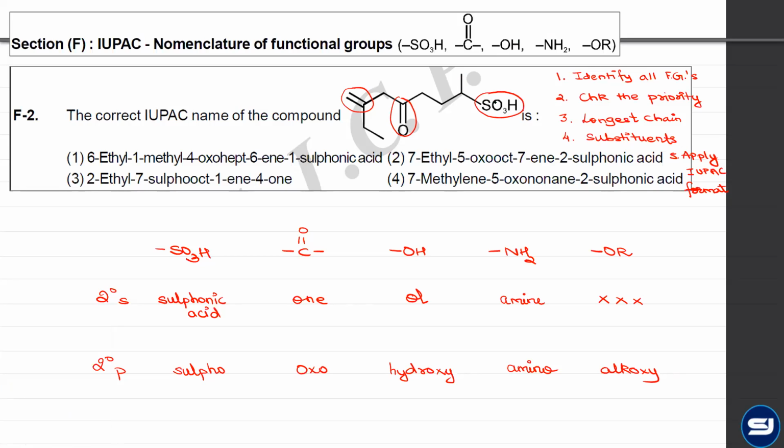अब बहुत बार क्या होता है, फंक्शनल ग्रुप यहाँ लगा हुआ है, तो many of you will start the numbering from this carbon, which is wrong. कंटिन्यूस का मतलब क्या, ये देखो ये कार्बन कंटिन्यूस में आ रहा है ना, तो इधर से करना पड़ेगा 1 2 3 4 5 6 7. अब here I am getting 8, 9 carbon chain, और यहाँ पे 8 मिल रहा है. कहाँ जाओ, 8 की तरफ या 9 की तरफ? कौन सा रास्ता सही?